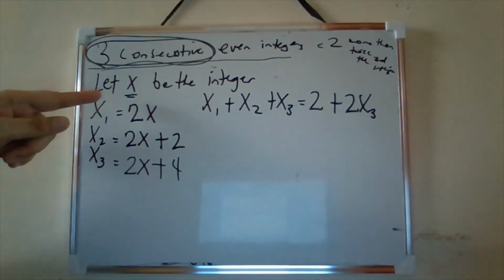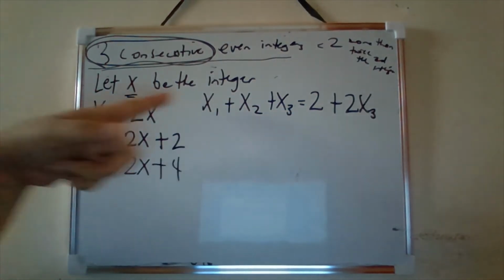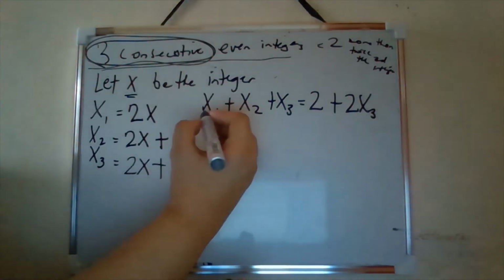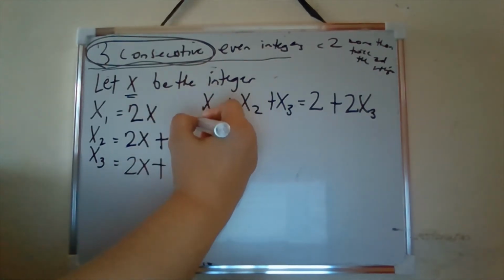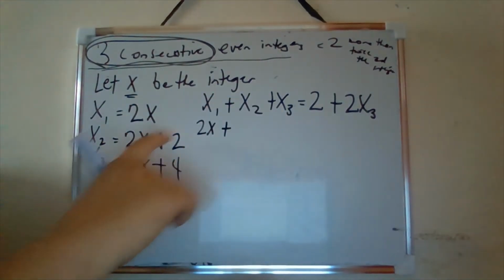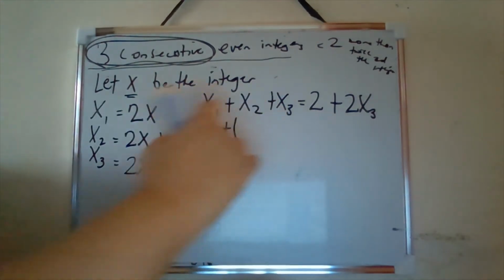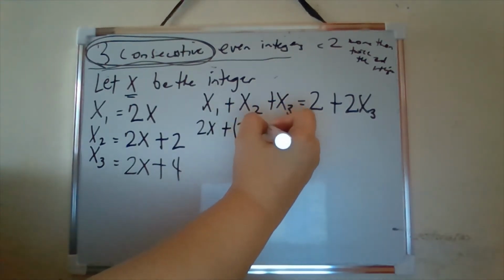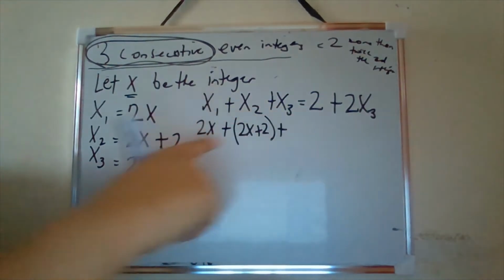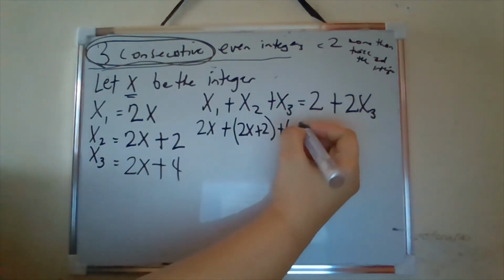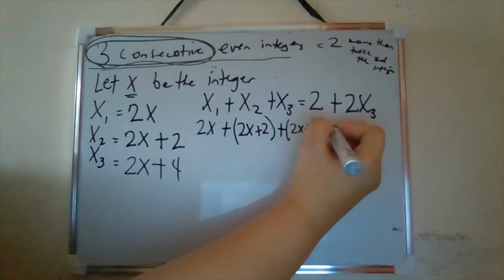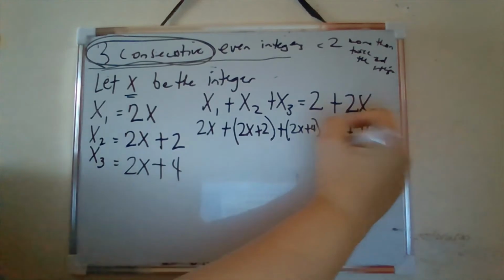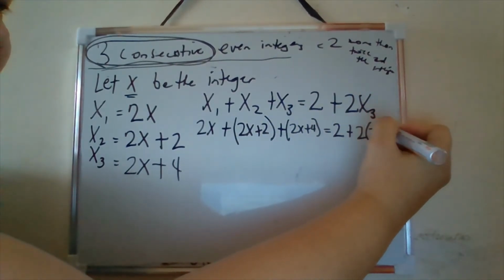Okay? Ngayon, let us apply the equivalent of the integers. So, magiging x sub 1 is 2x, plus x sub 2 is, ilagay natin sa parenthesis para lang ma-identify na magkahiwalay sila, 2x plus 2, alright, plus, and then x sub 3 is 2x plus 4 equals, and then 2 plus, so i-times natin sa 2x plus 4.